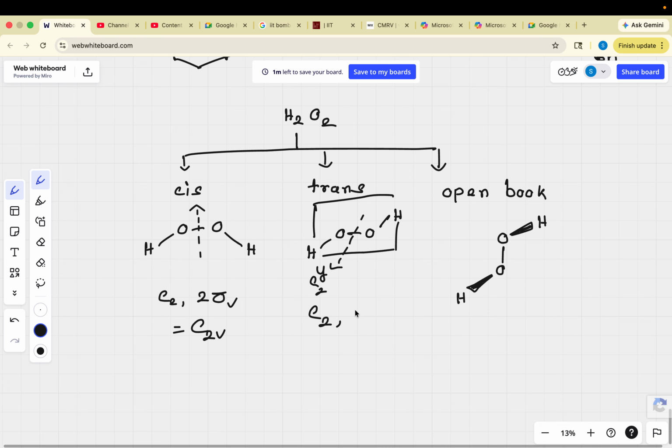So you have C2 and sigma H, which leads to the C2H point group. And if you have this kind of structure, only a C2 axis will be there, so you will have only the C2 point group. So these are the three things which are important for your H2O2.